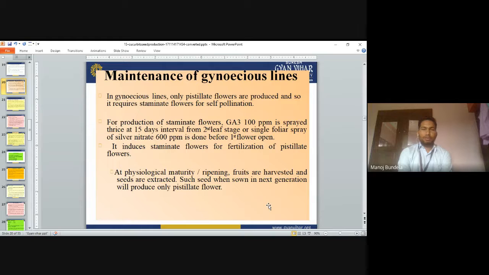So if we spray this GA3 and silver nitrate, it will induce staminate flowers. At physiological maturity and ripening, the fruits are harvested and seeds are extracted. Such seeds, when sown in the next generation, will produce only pistillate flowers.